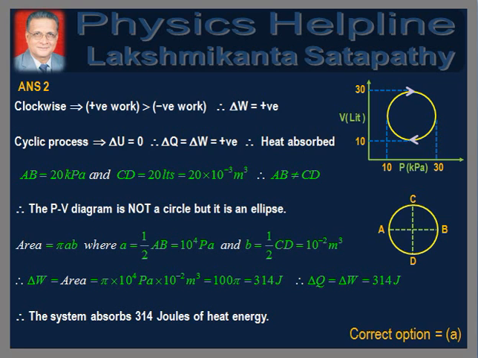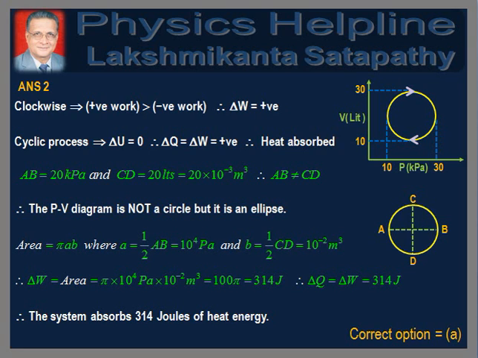We observe that the PV diagram is circular, but the horizontal diameter AB is equal to 20 kilopascals and the vertical diameter CD is equal to 20 liters, which is equal to 20 into 10 to the power minus 3 meter cube.